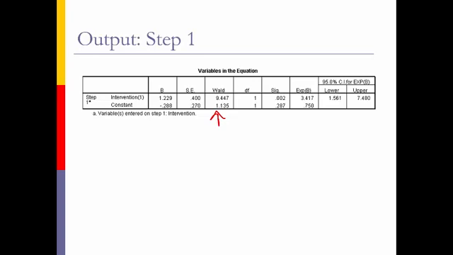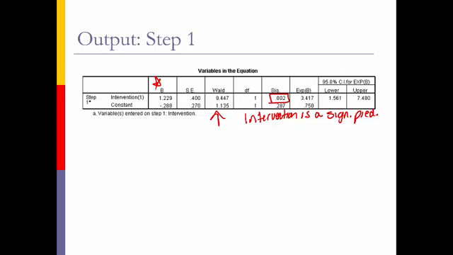But these beta values do not seem to be very large. They seem to be very reasonable. The data seems okay. So then we'll go ahead and look at our significance. And it is significant, so we can go ahead and say intervention is a significant predictor, which is good.